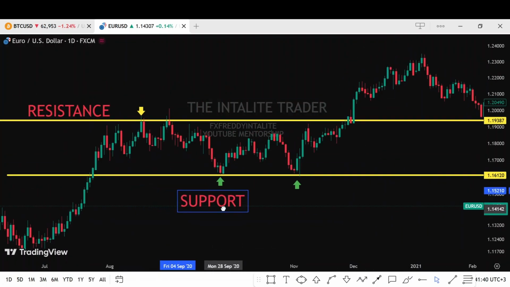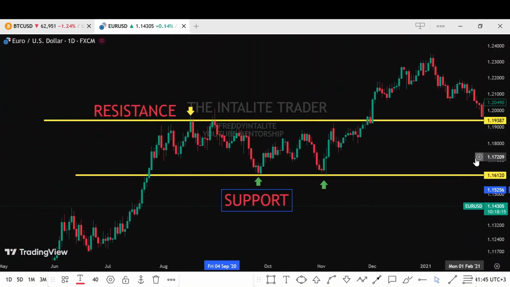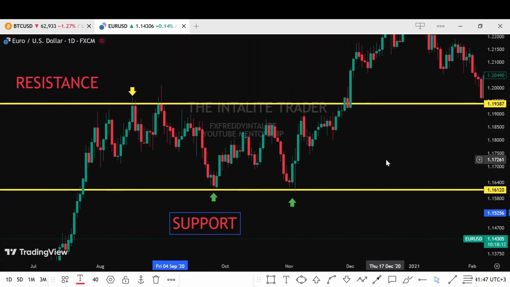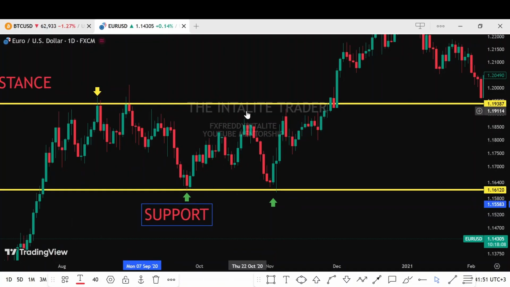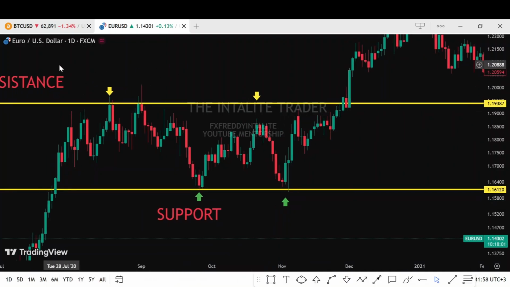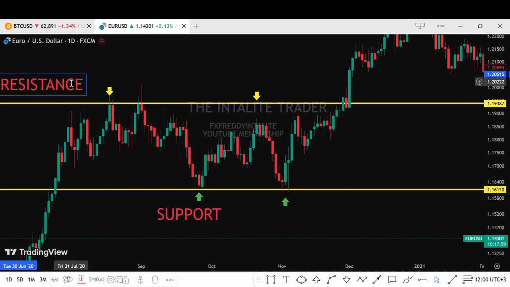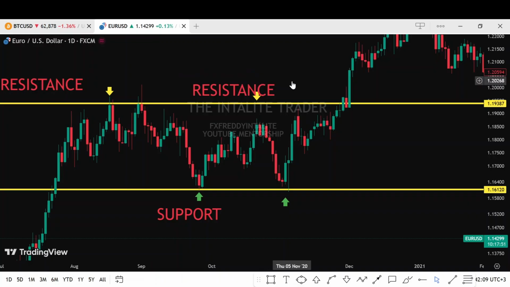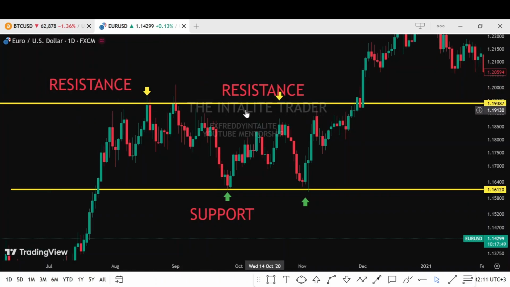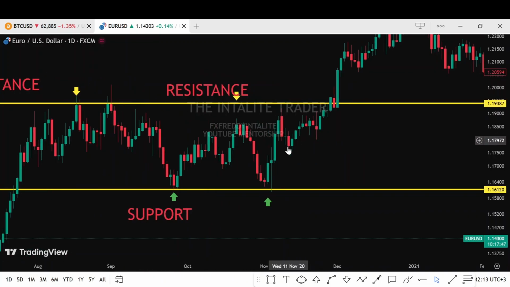And because this is support, it traded back into this level, this one. So this became our resistance. This is resistance. So price kept trading within this support and resistance.